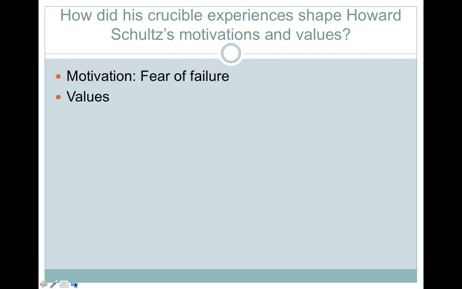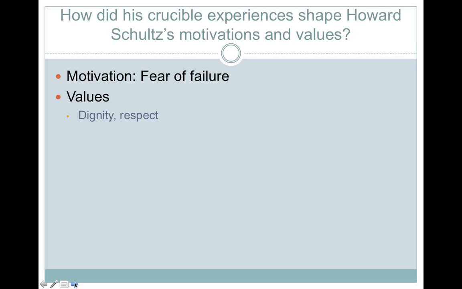He also learned certain values through his crucible experiences, and one was dignity and respect. He saw that his father did not get respect, even though he was a good man, because he did not have a college education. And because his father did not get respect, his father was not able to earn a good living.